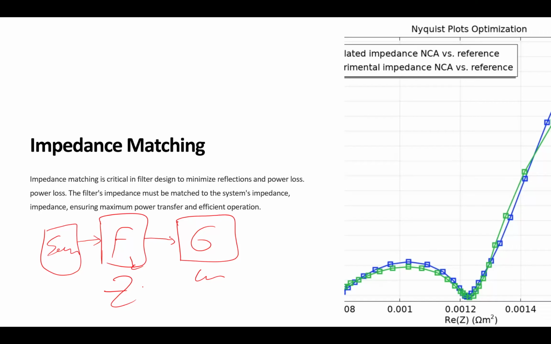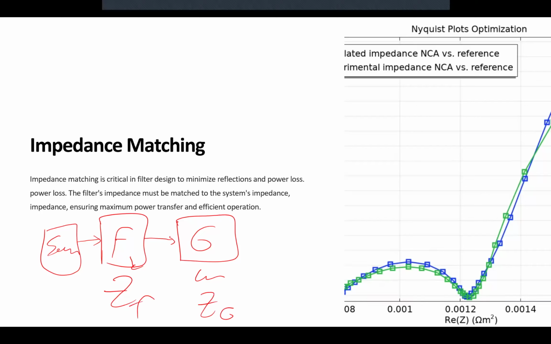If your Z of F matches the Z of G, you are able to transfer the maximum possible amount of energy through ZF to the grid. Do you remember that concept? Yeah.